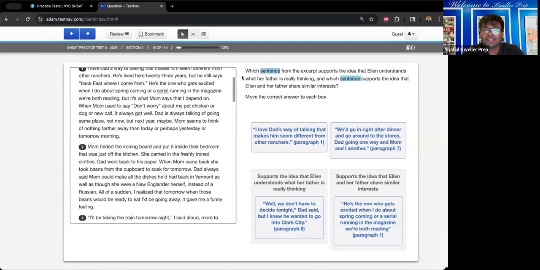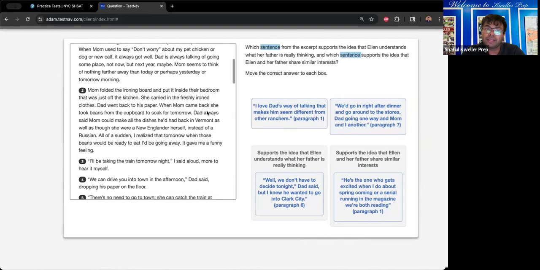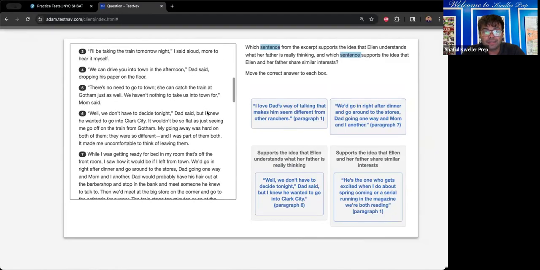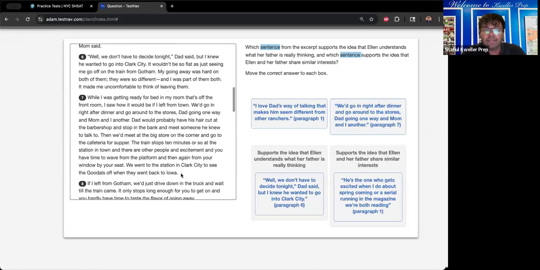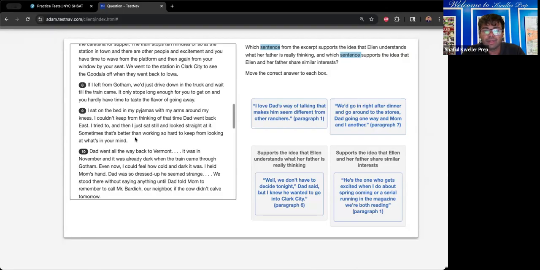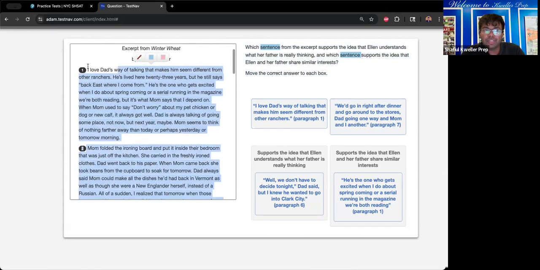Someone asked what this passage was really about. I can't really see a main idea. It's just her talking through two moments in her life. The first half, paragraphs 1 through 8, talks about how she's getting ready to leave college.